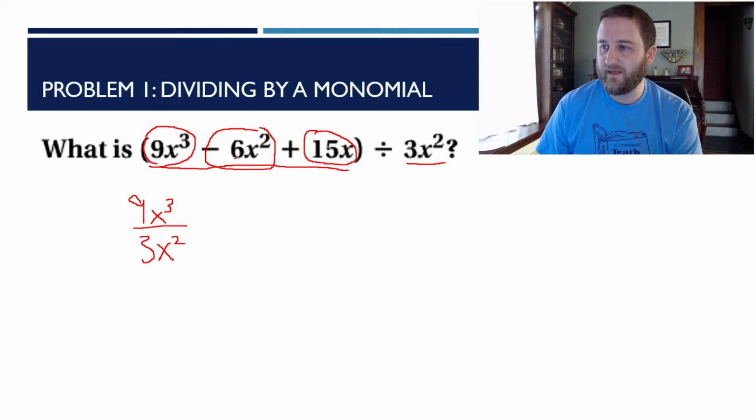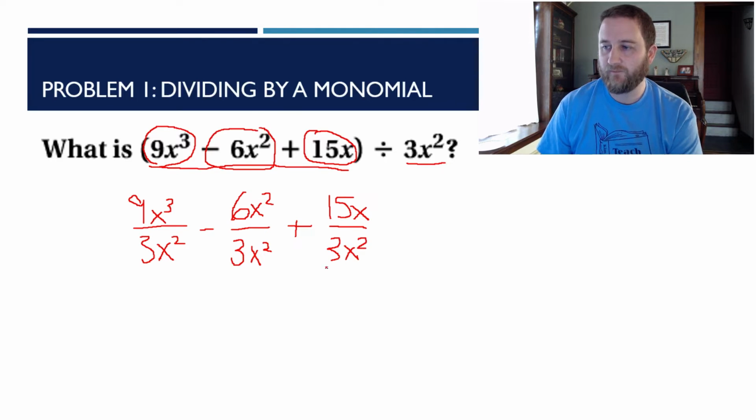The next term is negative 6x squared, so I'll do negative 6x squared over 3x squared. And then the next term, which is a positive 15x, I'll have that over 3x squared.